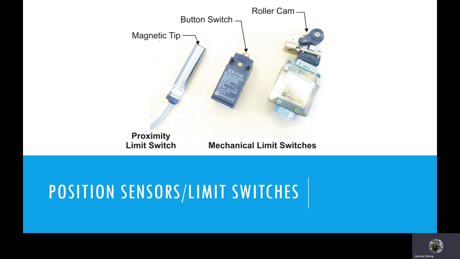If I can use a proximity limit switch that is electrically operated, coming back to a PLC, I can also change the programming of that particular machine so I can vary its stroke pattern.